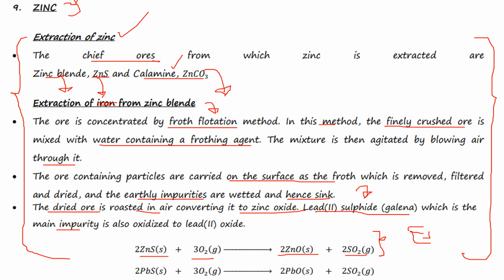So lead sulfide, which is our galena, also reacts with oxygen to give us lead oxide together with sulfur dioxide gas. And this is going to give us our other product, which is the main impurity in this ore. So we focus at removing this impurity so that we can remain with zinc oxide, from which we are going to obtain our zinc that is required in this extraction process.